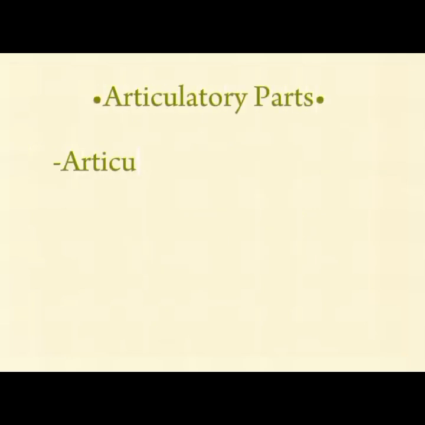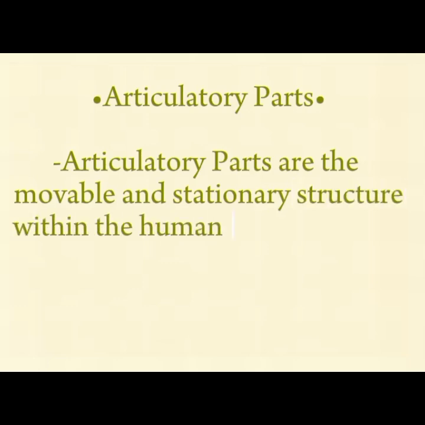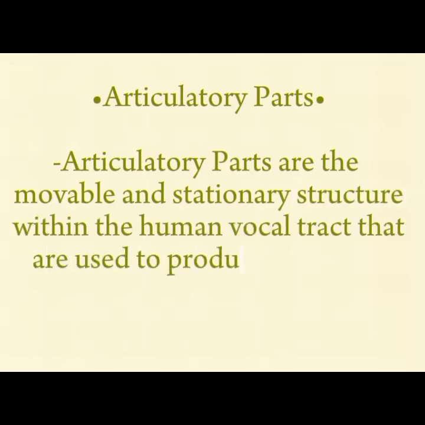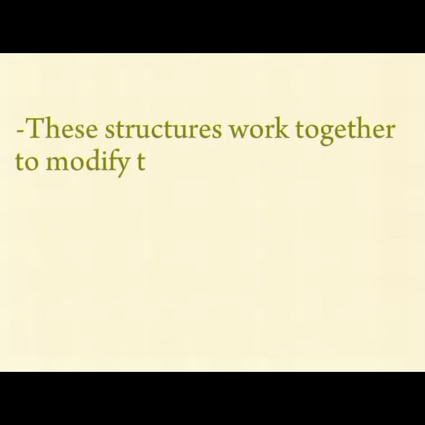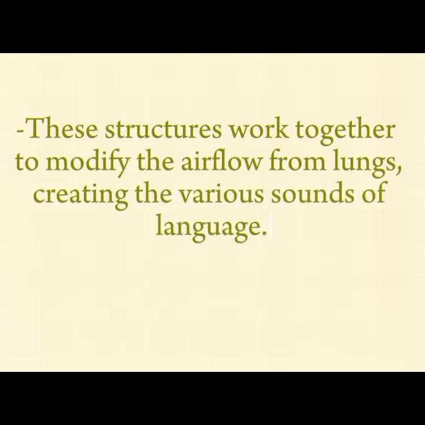Articulatory parts. Articulatory parts are the movable and stationary structures within the human vocal tract that are used to produce speech or sounds. These structures work together to modify the airflow from the lungs, creating the sounds of language.